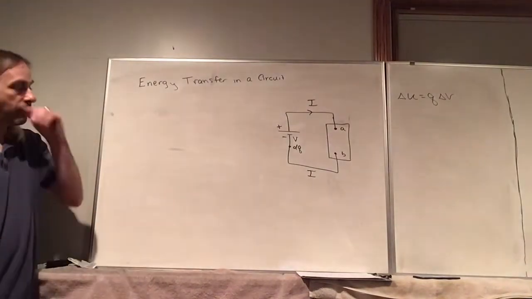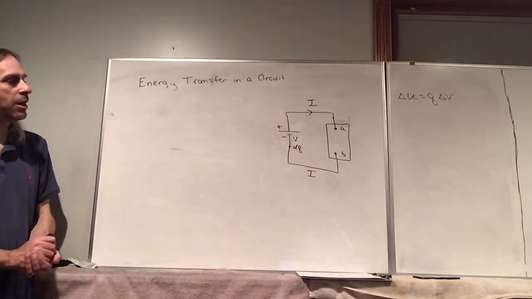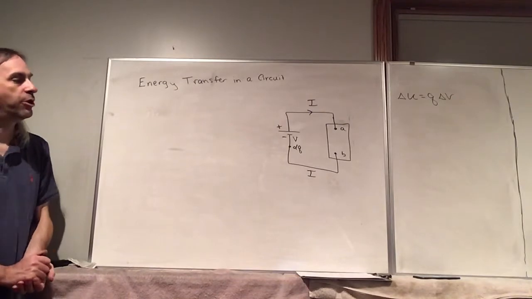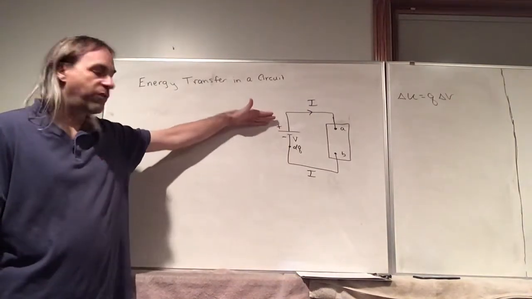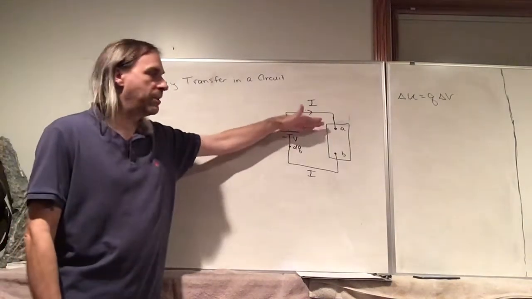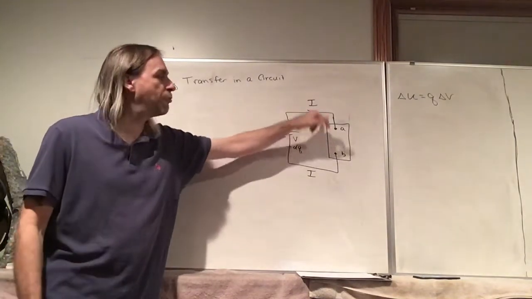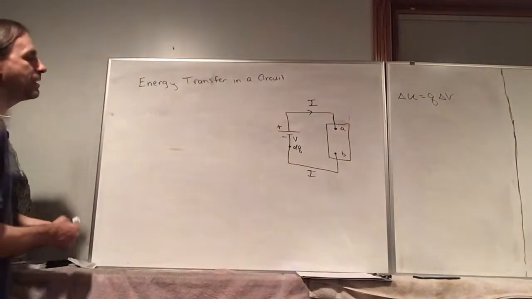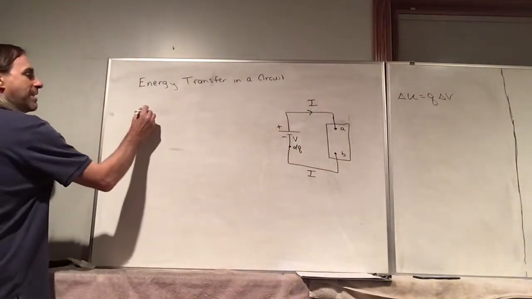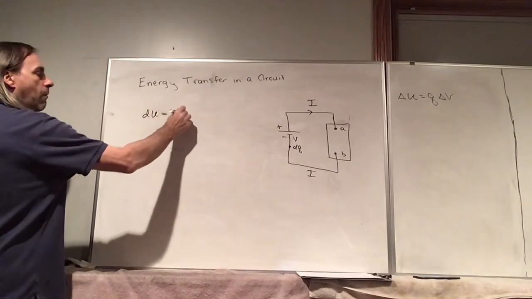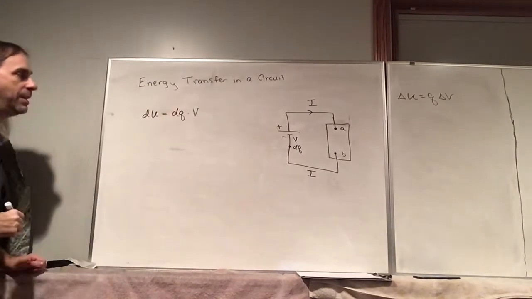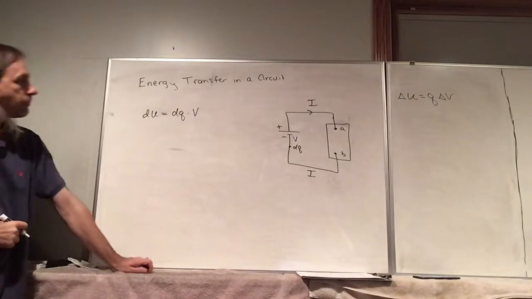So this charge gains an amount of energy, dq times v, from the battery, and there's nowhere else to lose that energy. It's all going to be in this device. So the amount of energy dissipated by the device is just going to be dq times v.